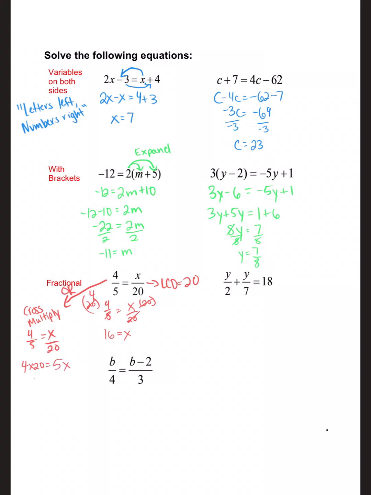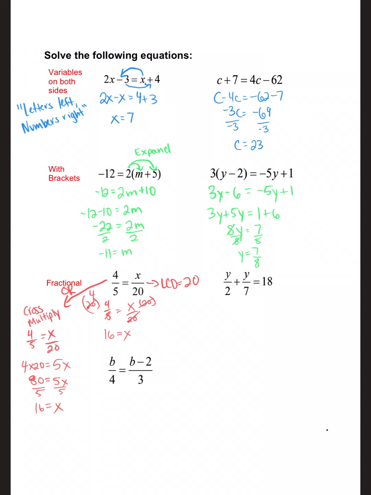So 4 times 20 is 80. It equals 5x. And then same process now. We're wanting to eliminate the 5 next to the x. So we're going to divide both sides by 5. And you're going to get the same answer. 16 is equal to x. So when you have a really basic fraction on either side, you can either eliminate the fraction with your lowest common denominator, or you can cross multiply.